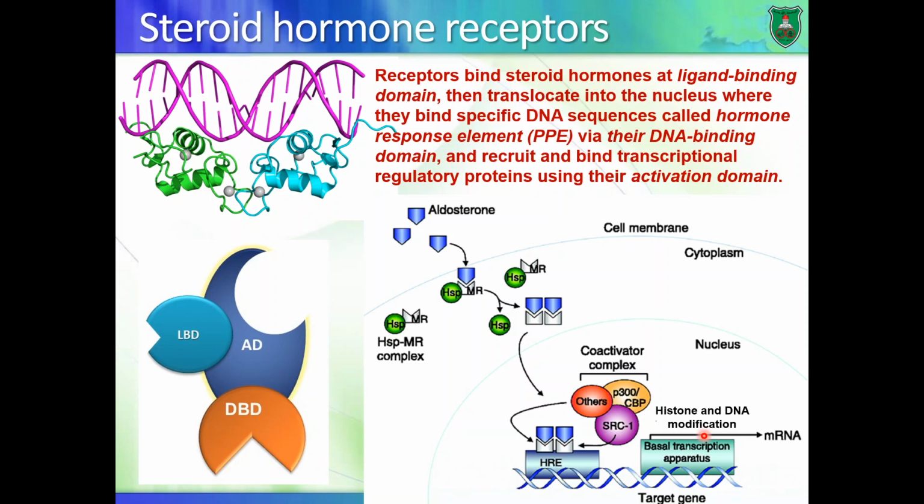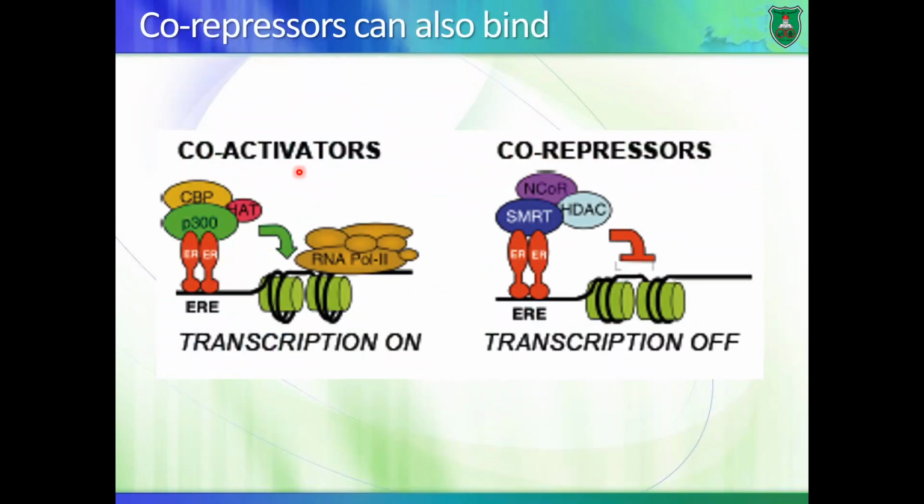In fact, you can have co-activators that can bind to estrogen receptor, as in here, for example, you can have activators that loosen DNA, inducing gene expression, or you can have co-repressors for certain genes that would actually repress expression of genes. So this is how genes in eukaryotic systems are regulated.